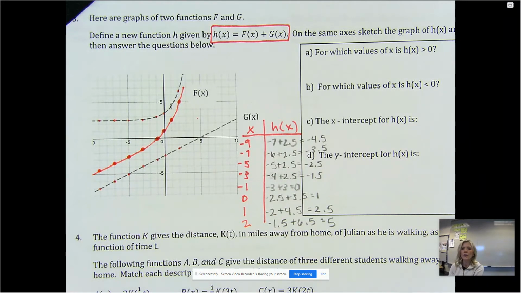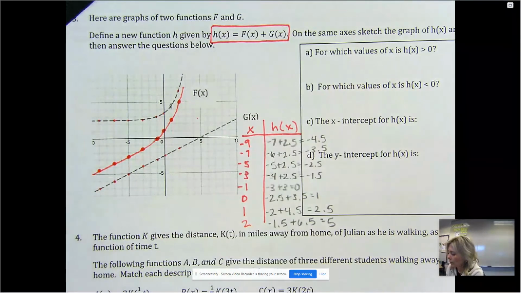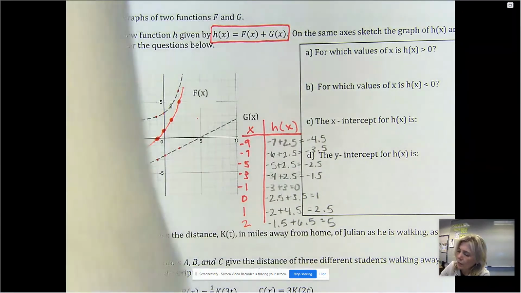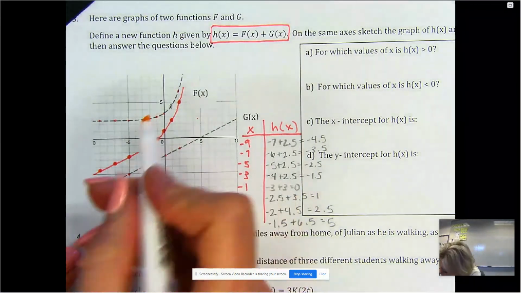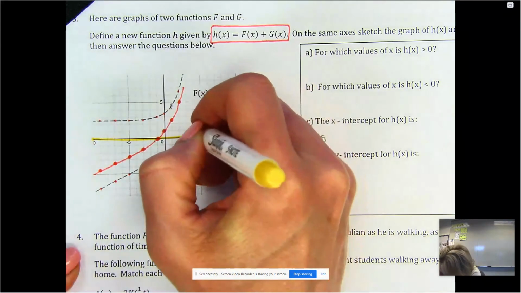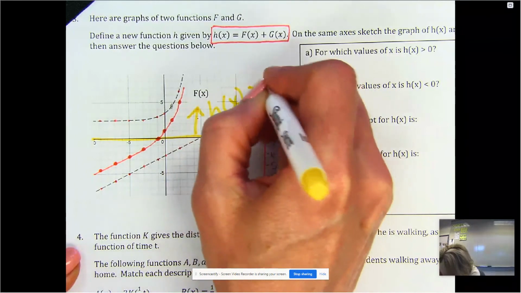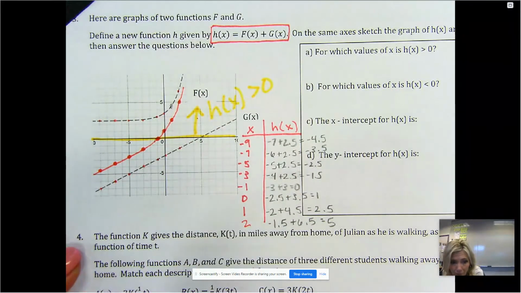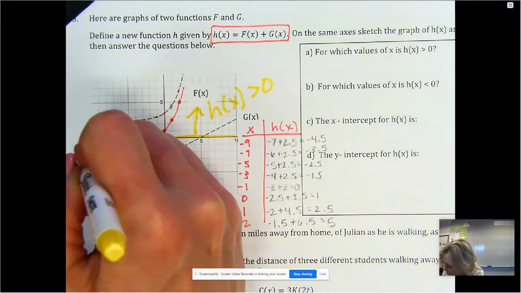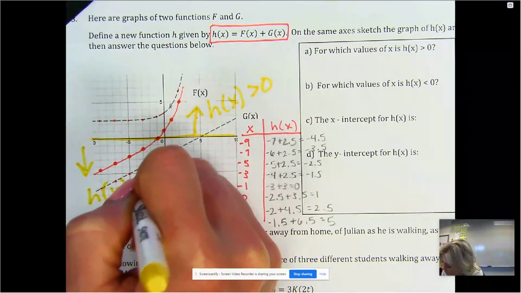So for which values of x is h of x greater than 0? h of x is greater than 0 above the x-axis. So we have our x-axis here. Above this axis is where h of x is greater than 0, which means that below this axis is where h of x is less than 0.